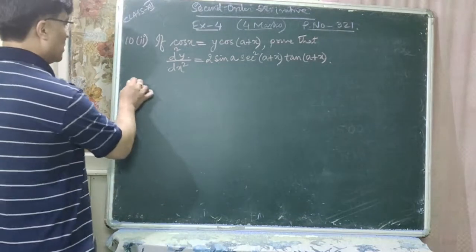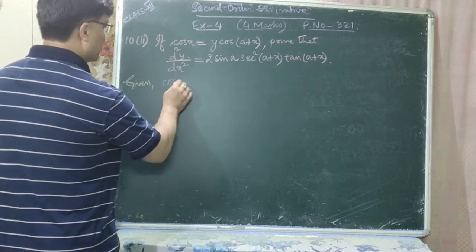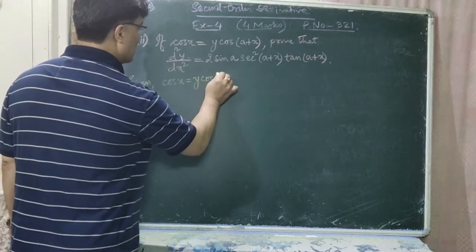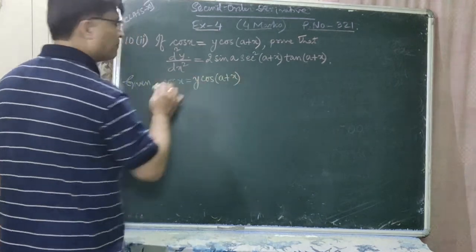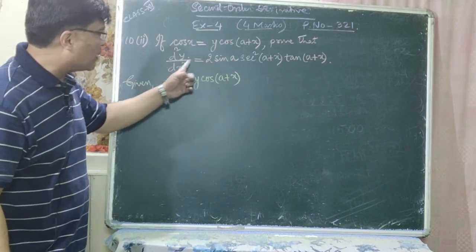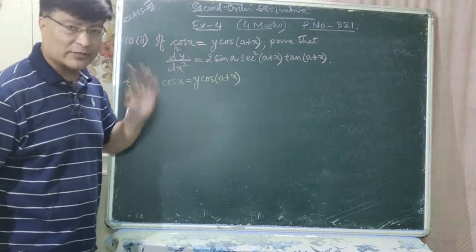So what is given here? Cos x is equal to y cos of (a plus x). Since you have to prove d2y by dx square in terms of x, you have to express y in terms of x.